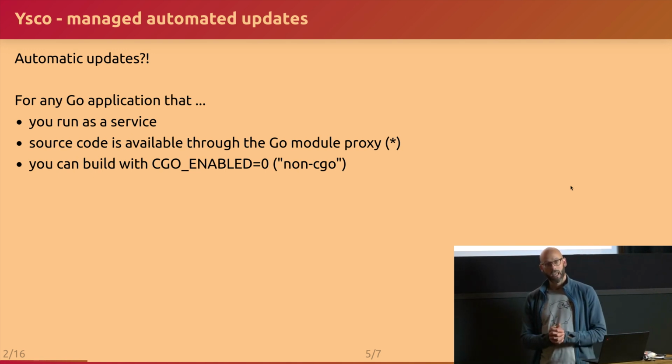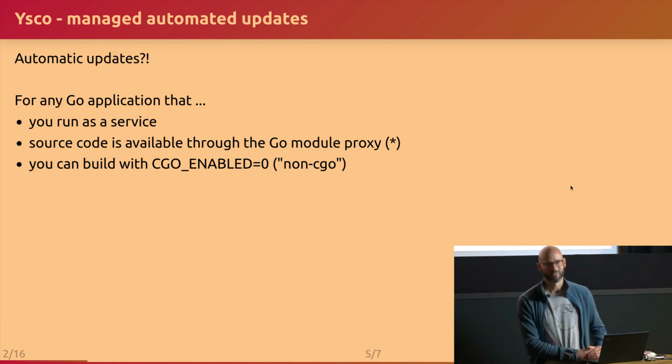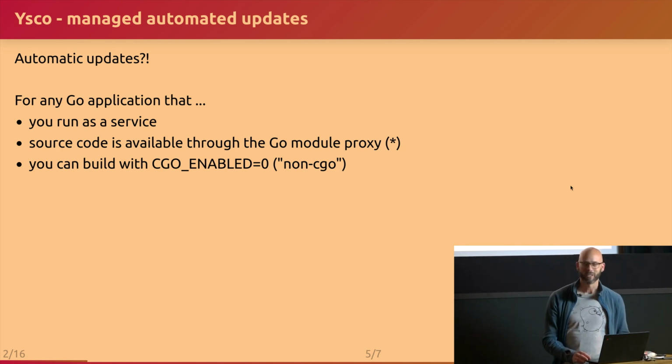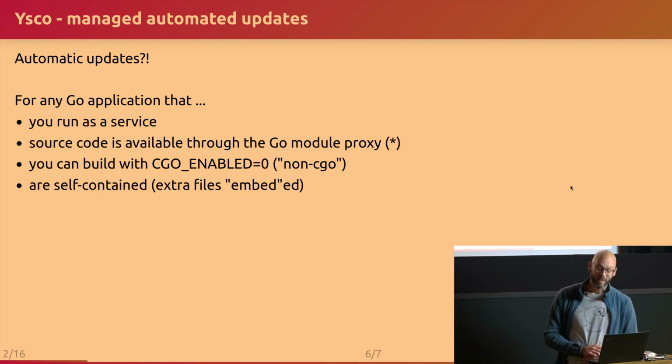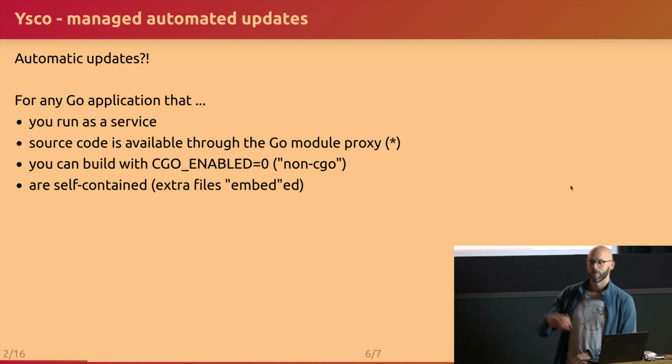The code has to be able to build with CGO_ENABLED=0, so no C libraries and so on. We know C is unsafe, it's bad, don't do it. I'm sure all of you are only writing pure Go code. The program has to be self-contained, so no additional files may be required, and the application should just include them in the binary with the embed package, for example.